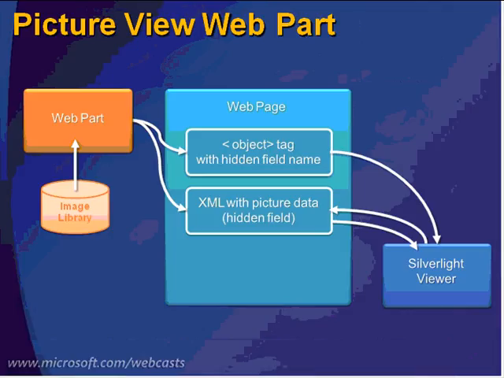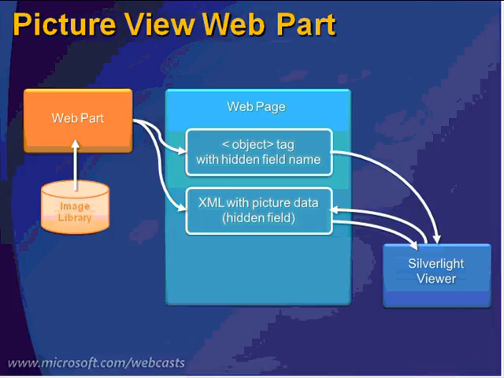The example I'm going to show you now is a picture viewer web part, a very popular use case, I suppose. It's pointed at a picture library or image library in SharePoint, and it's going to render that as a slideshow. The web part is going to put that object tag on the page, of course.